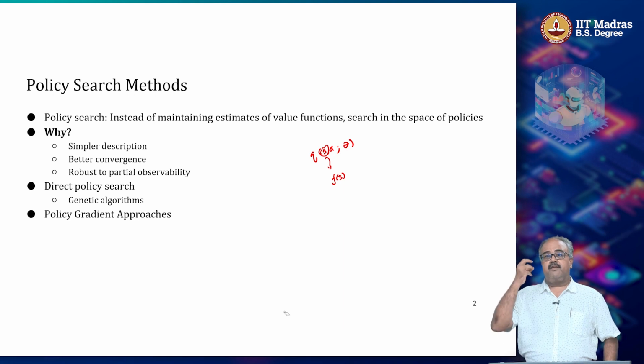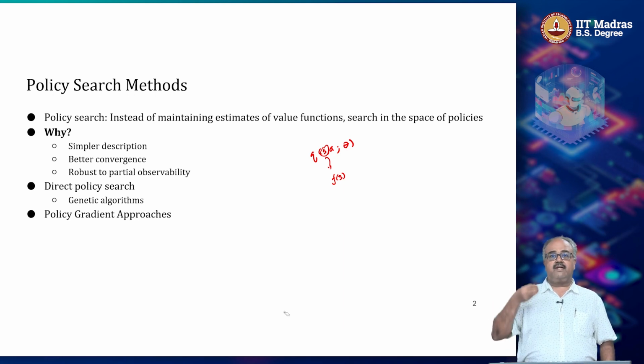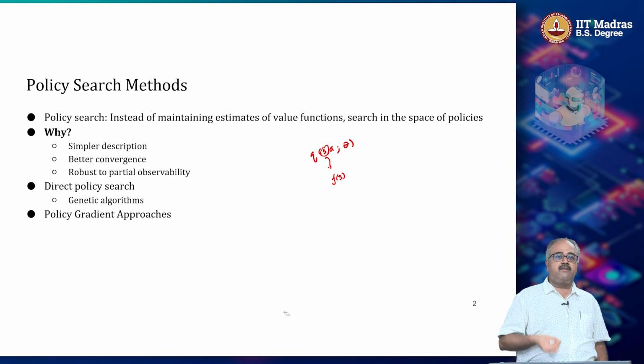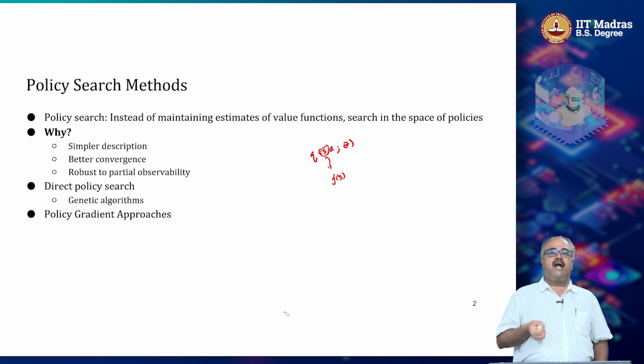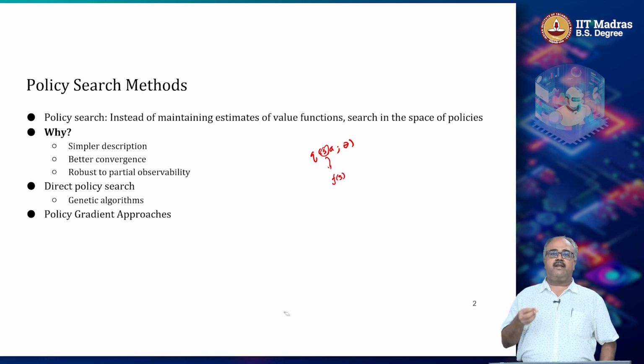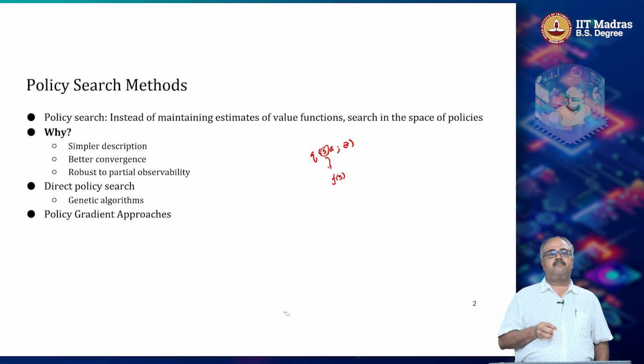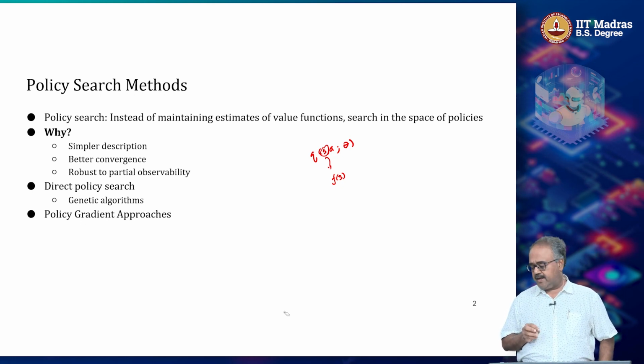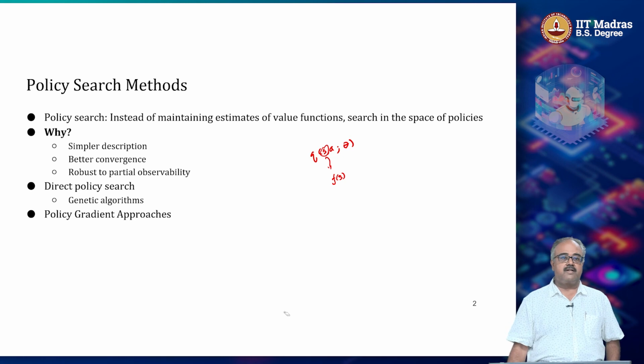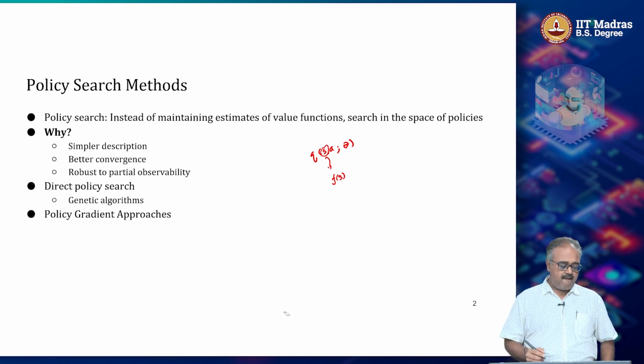If you remember, if you use a value function, you are tying it to the notion of a state. I am talking about q of s comma a or v of s, and if I do not estimate s properly, then I have a problem. Therefore, policy search methods which do not directly rely on a value estimate are more robust to partial observability.